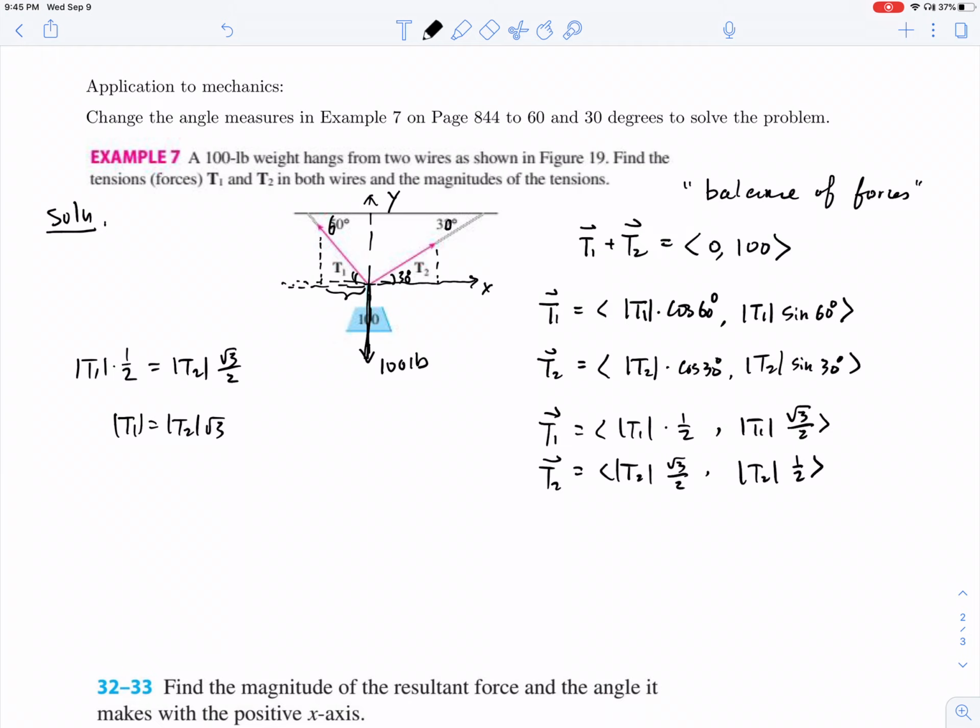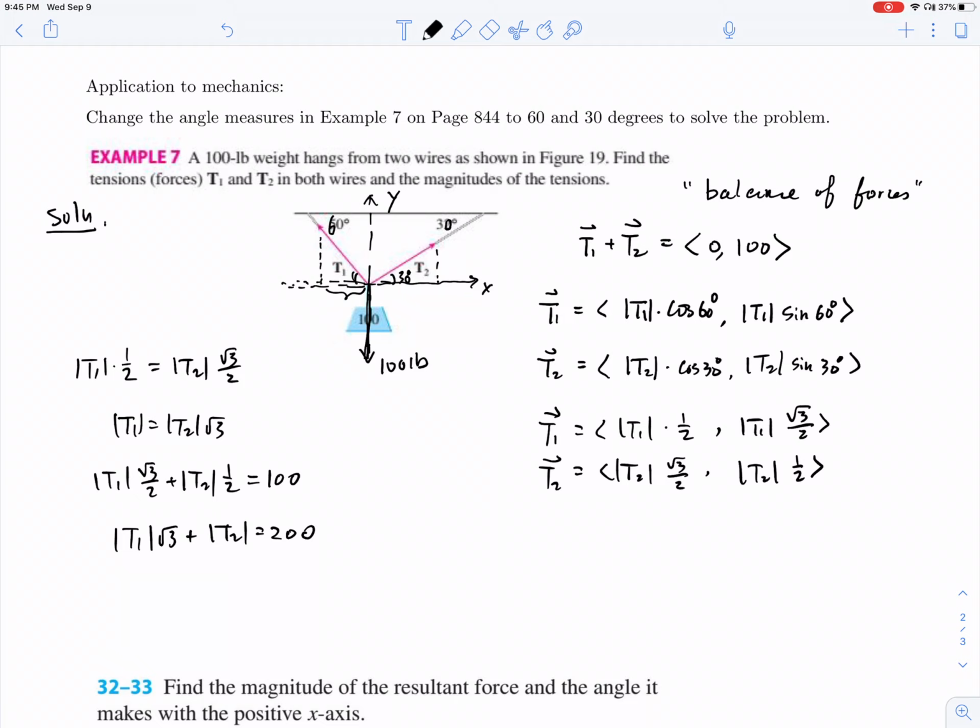And in the vertical direction, we must have 100. So we have T1 times √3/2 plus T2 times 1/2 must be 100. So what we have is that T1 √3 plus T2 is equal to 200, right?